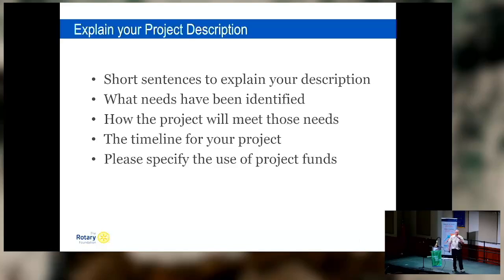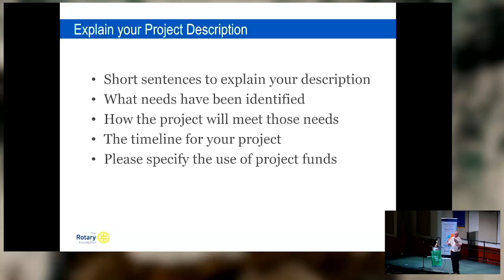Now, the timeline. Remember I asked you to submit your final reports around about April, in this case, April of 2026. That means your project needs to have spent the money by that time. Please don't think about a project saying, oh, we're going to fund some scholarships, and we'll know about that in September of next year.